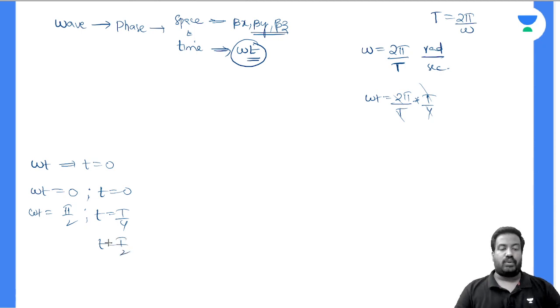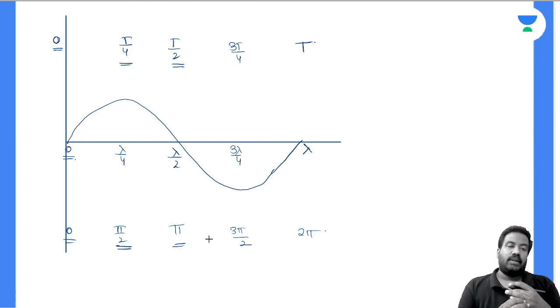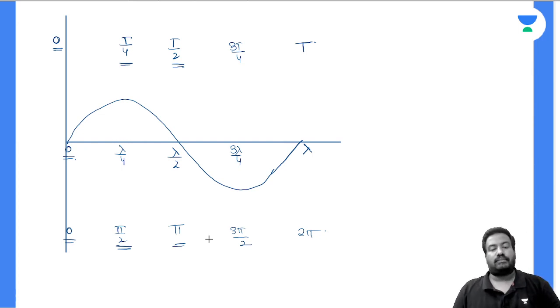When t is T by 2, omega t is 2 pi by T into T by 2, t is T by 2, phase shift is pi. What does it imply? Then you can also verify the rest.